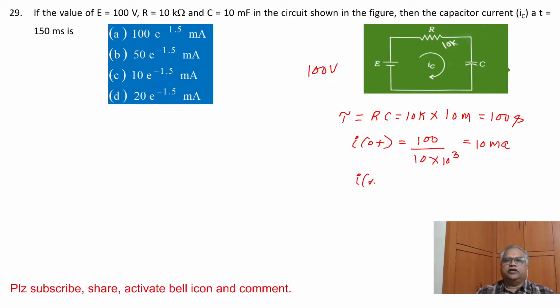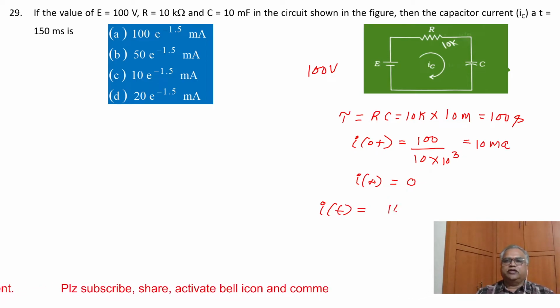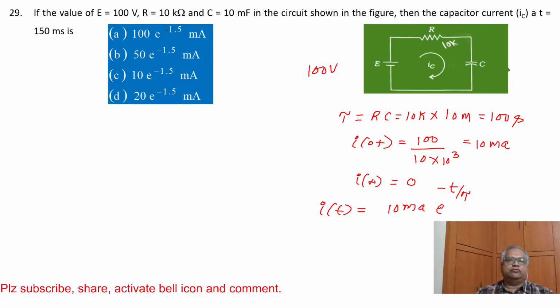Then what is the final steady state current? The capacitor is open, so 0. So we can write the expression for I of t directly. Final is 0, initial is this. So it looks like 10 milliamps e power minus t by tau.